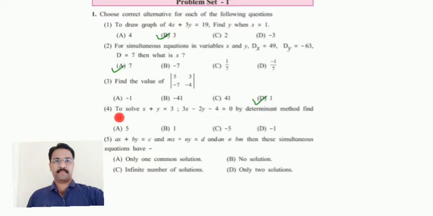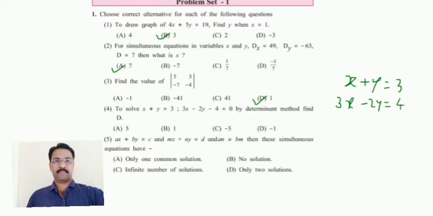That means first of all we have to arrange these two equations in neat form. See first, x plus y is equal to 3, that is already in neat form. But the second one we are going to write in neat form, that is 3x minus 2y is equal to, here it is minus 4, that goes to that side and becomes plus 4.